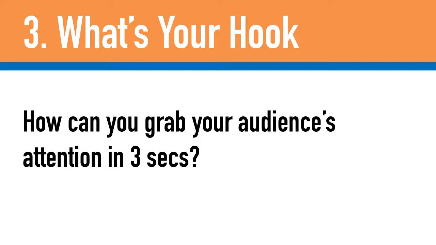I say 3 seconds because look, when you're on your mobile phone and you're scrolling down a feed, Facebook, Twitter, LinkedIn, whatever it is, 3 seconds is about all it takes to go past your story. You can read about 15 words in 3 seconds.